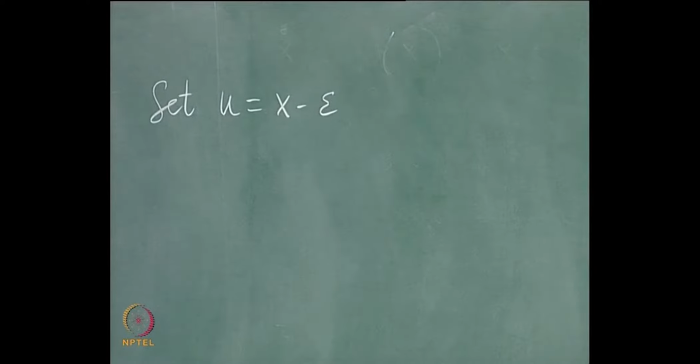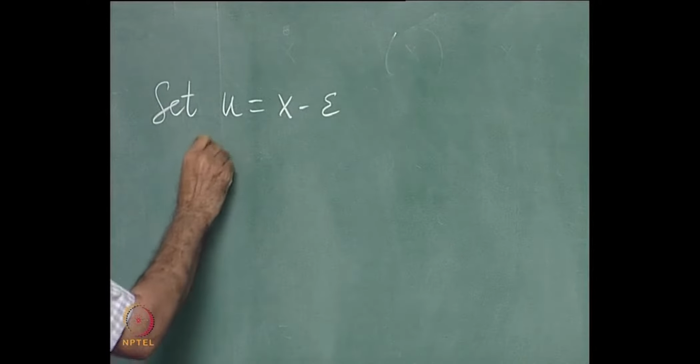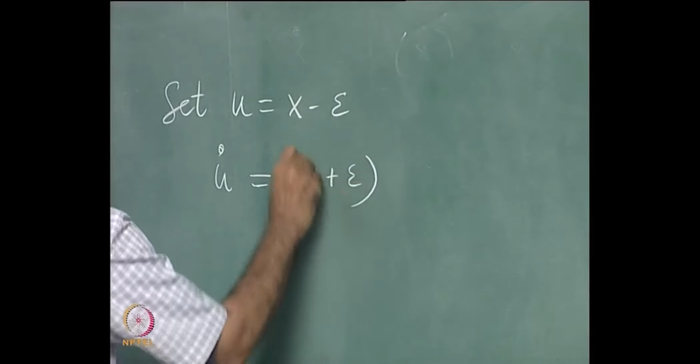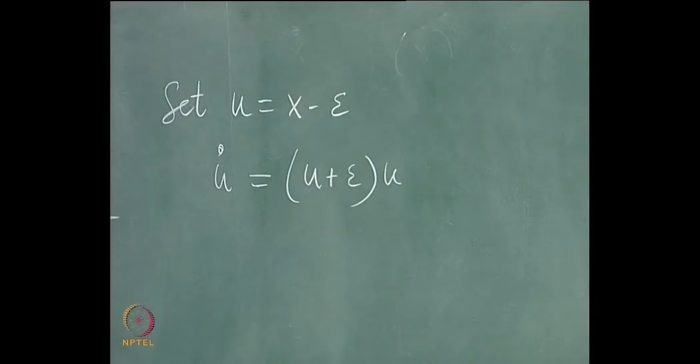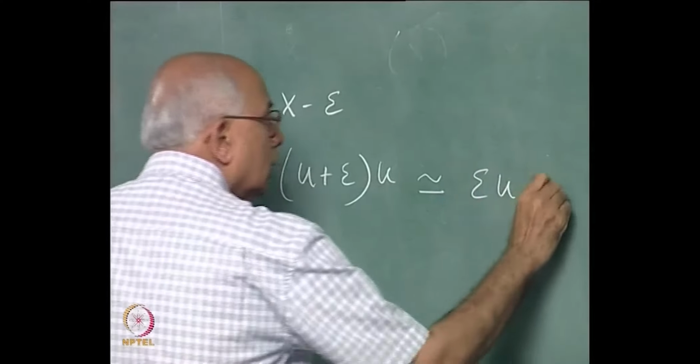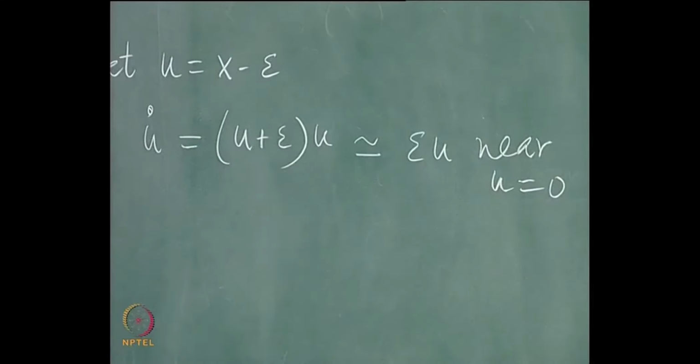So x equal to epsilon has been shifted to u equal to 0, and in this plane the equation becomes u dot equal to x, which is u plus epsilon, times u itself, approximately equal to epsilon u near u equal to 0.